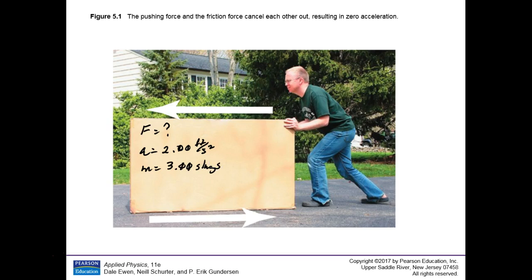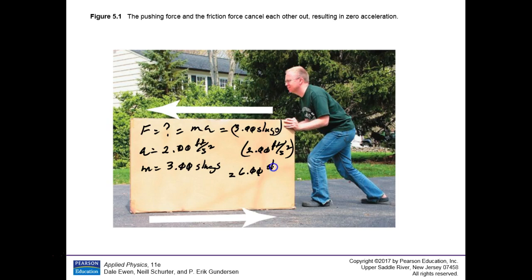So what would be your formula? Mass times acceleration. And what would that be here? 3.00 slugs times 2.00 feet per second squared. Okay, and that would be what? 6.00 what?